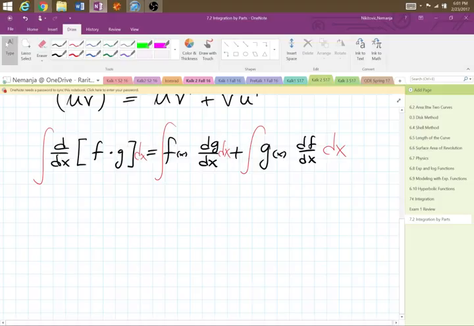In the first case, the integral cancels with the derivative, so these drop, and you are left with f times g. On the other side, dx and dx drop, and you have the integral of f of x dg, which is what?